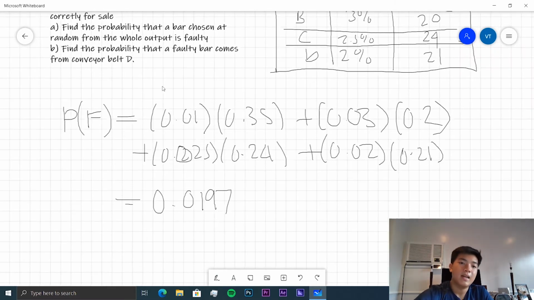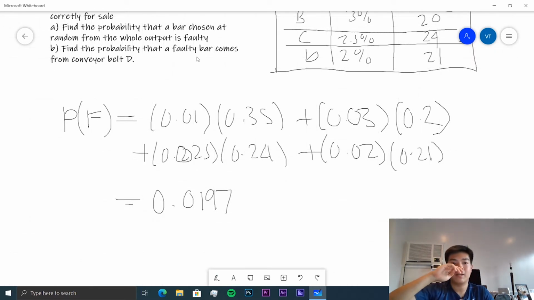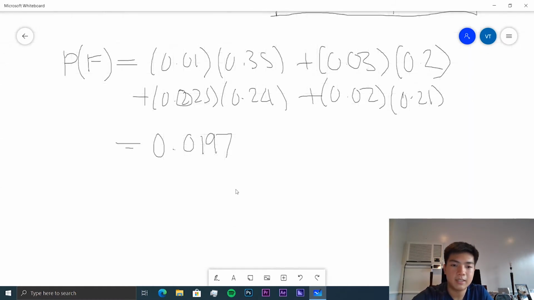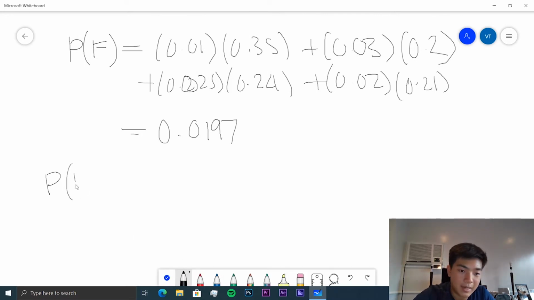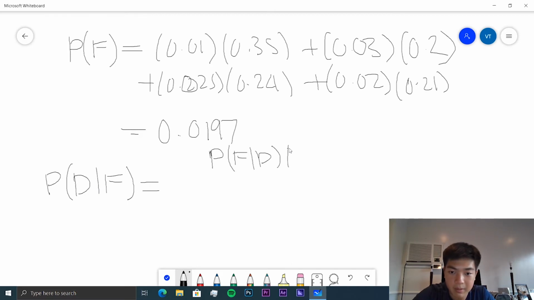So next, find the probability that a faulty bar comes from conveyor belt D. And so this is simply equal to this over that, because from Bayes' theorem, the probability that it came from D and it was a faulty bar is equal to the probability that a faulty bar came from D times the probability of D, all over the total probability of a faulty bar, more or less.